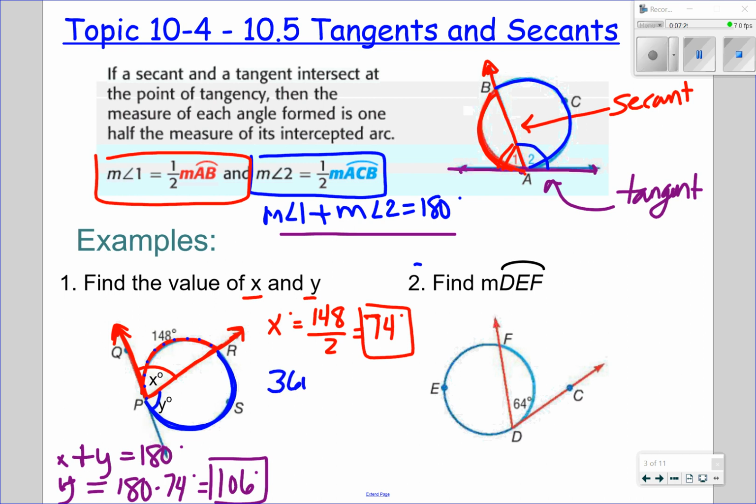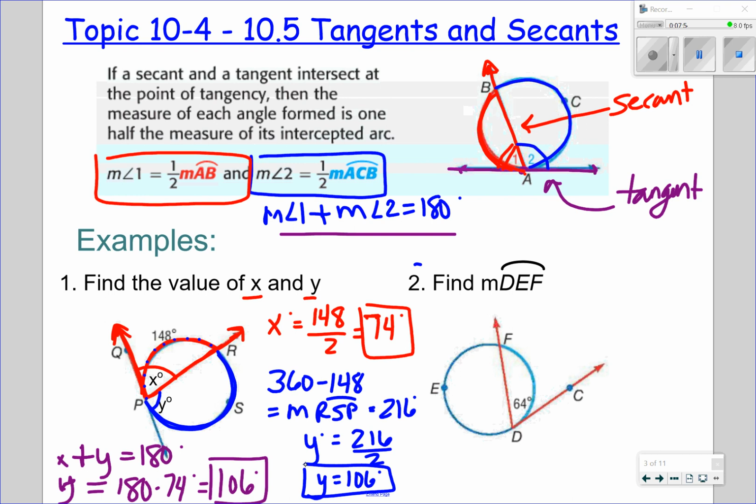So if I took 360 degrees minus the 148, I'm going to get the measure of arc RSP, which would then be 216. And then I could say that y would be equal to 216 divided by 2, which means that y is 106 degrees. Either way is fine. These are both the same. Just so you have that tool in your toolbox, you can use that.